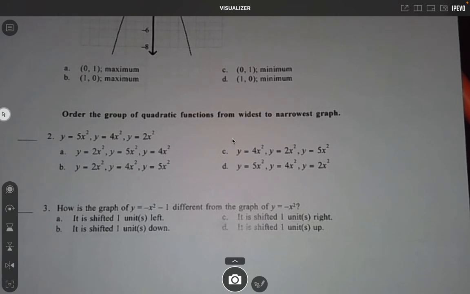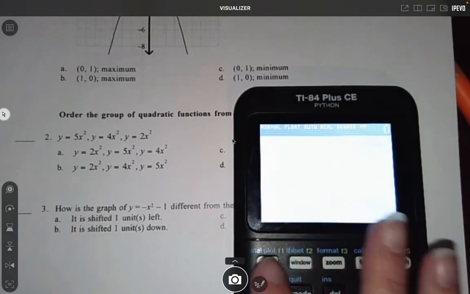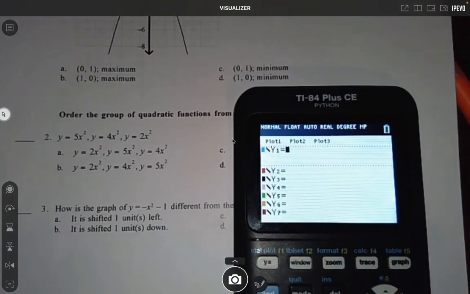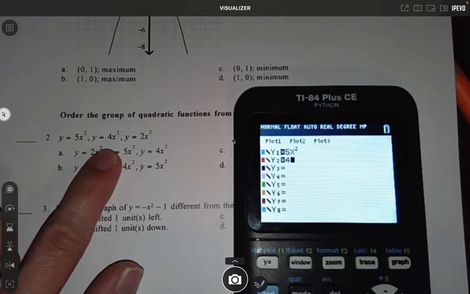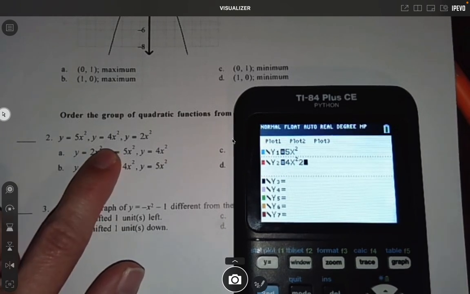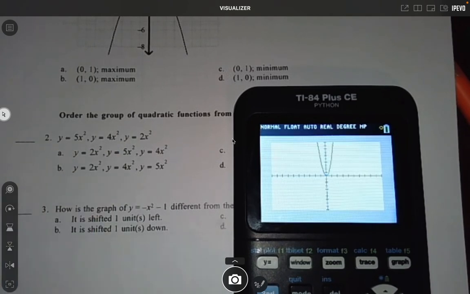Let's say that you forgot that completely. Well, just graph all 3 of them and see what happens. So I'll graph 5x squared, 4x squared, and 2x squared. So there's 5, 4, and I must have pressed the wrong one.